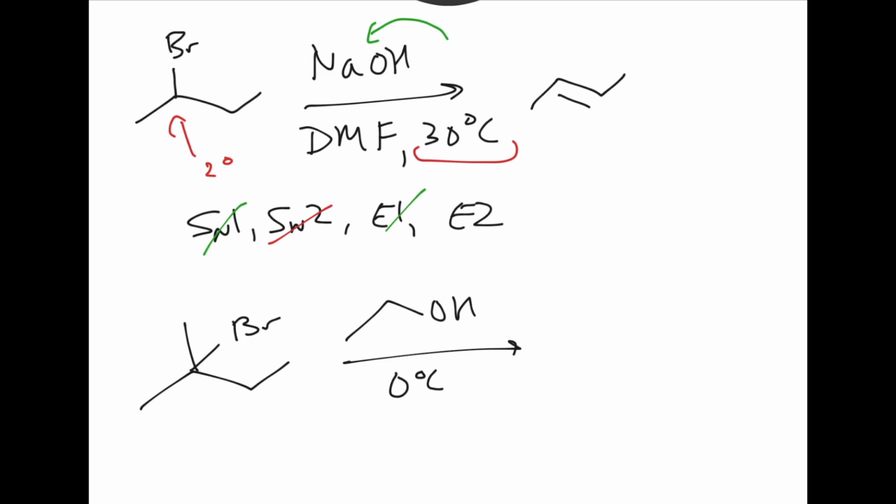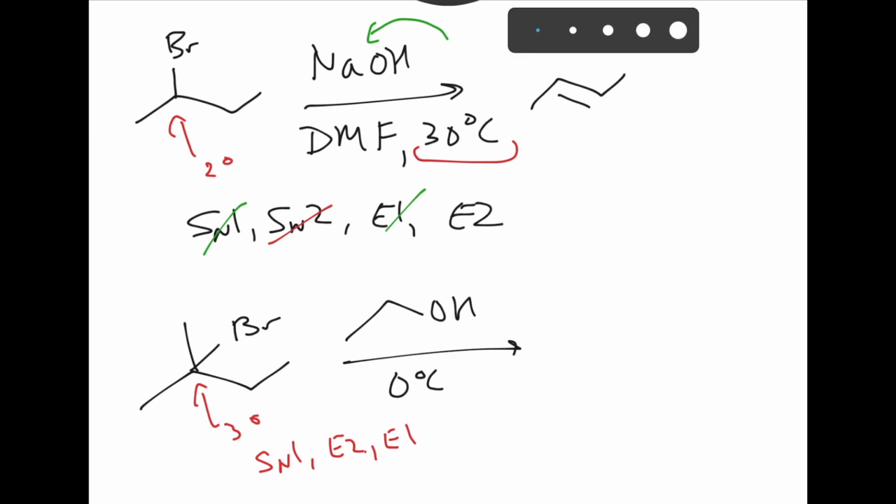This is a tertiary halide. Tertiary halides can't do SN2 reactions, right? So that means, based on the type of halide, we're doing either SN1, E2, or E1, right? Is this charged or uncharged?